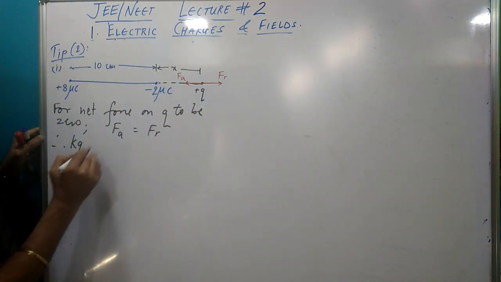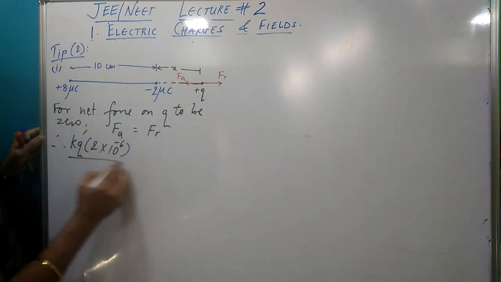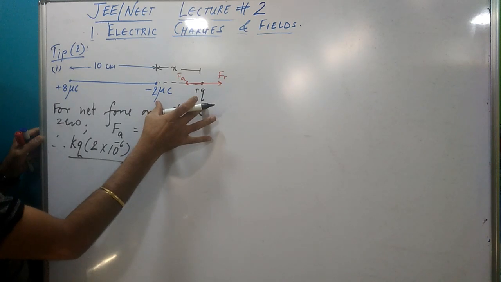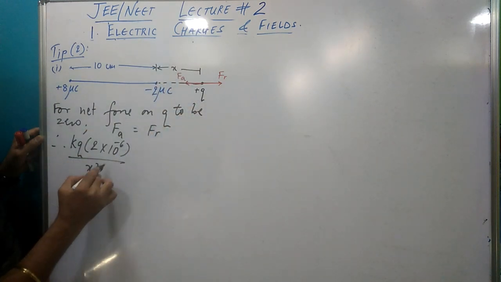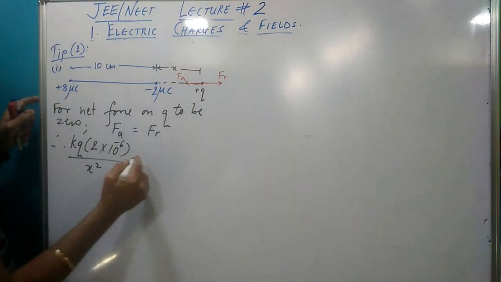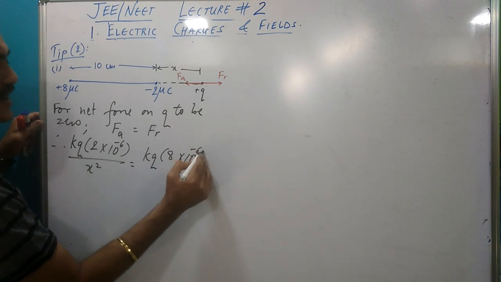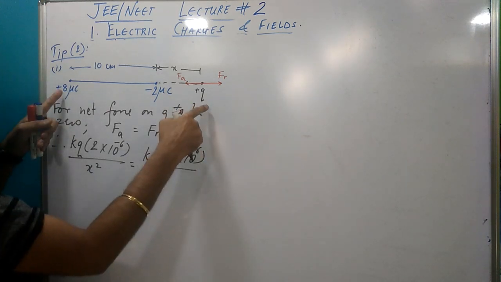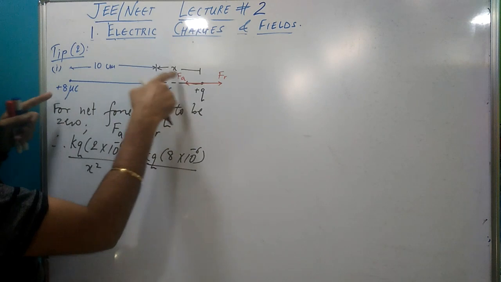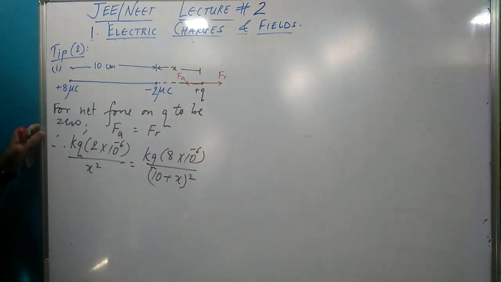So, K, Q, and 2 micro, 2 into 10 raised to minus 6, over, what is the distance between plus Q and minus 2? That's x. So, x square. Force repulsive between these two. So, K, Q, 8 into 10 raised to minus 6 over, what is the distance between plus Q and 8? 10 plus x. The whole square.